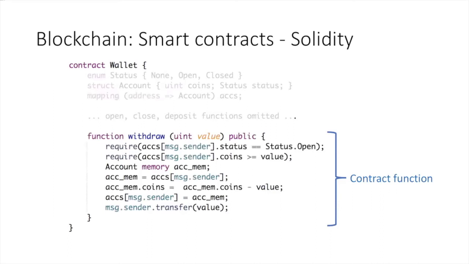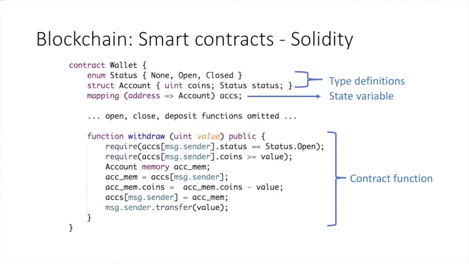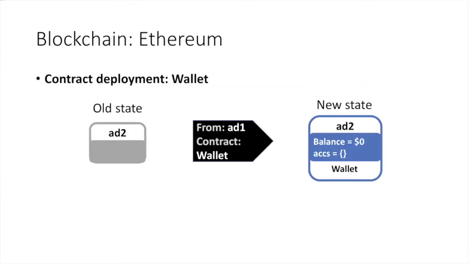And in a smart contract, you also have some functions, and these functions can be triggered by transactions as I showed before. So here we basically have this wallet where, as I said, addresses can deposit and withdraw coins to and from it. All right, let's move back to the transactions relating to smart contracts.